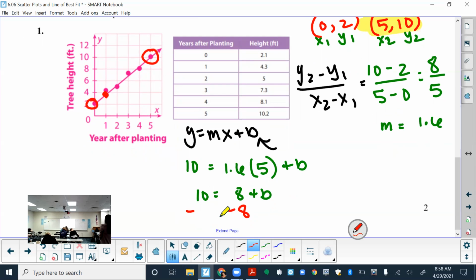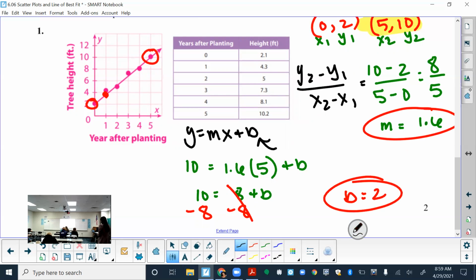And what you do on one side, you have to do to the other. So 8 minus 8 on the right side, that's how we get the b by itself. And b equals 10 minus 8, which is 2. So we have our m, we have our b, and we are just going to plug it into this formula, y equals mx plus b. So y equals 1.6x plus 2.